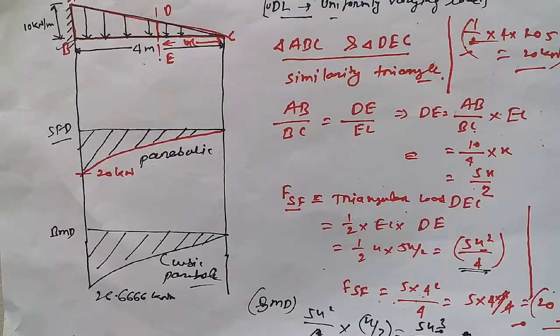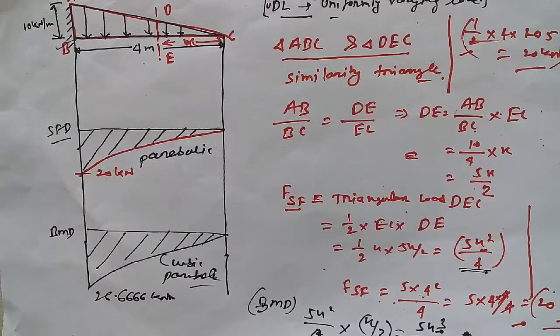One another concept is there to find out the value for the bending moment diagram. But for that concept you need to use a little bit of tips and tricks, so that you will be aware of solving that question.